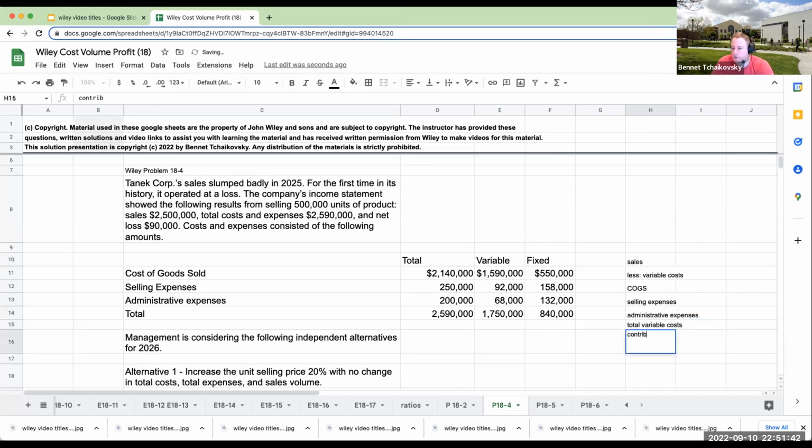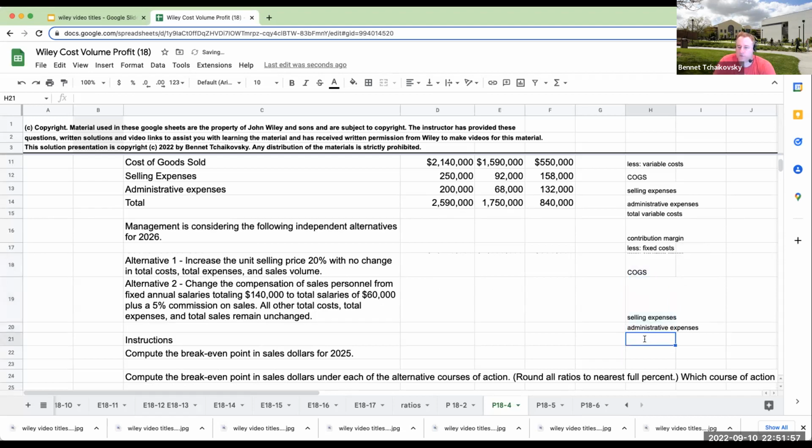This gives us our contribution margin, less our fixed costs. Our fixed costs are also cost of goods sold, selling, and administrative. This gives us our total fixed costs, and this gives us our net income.